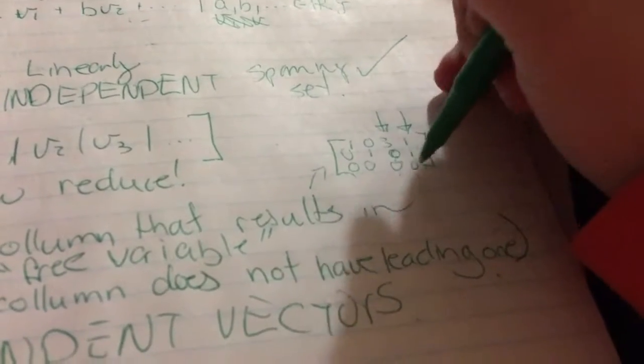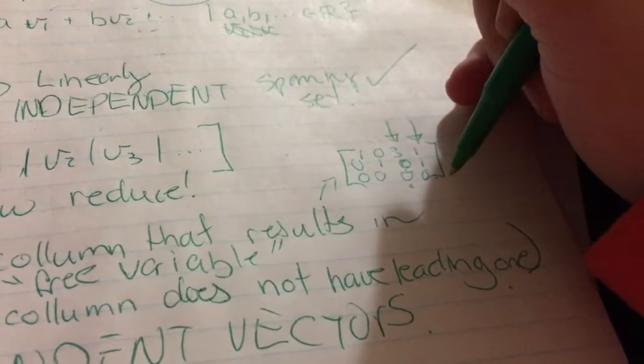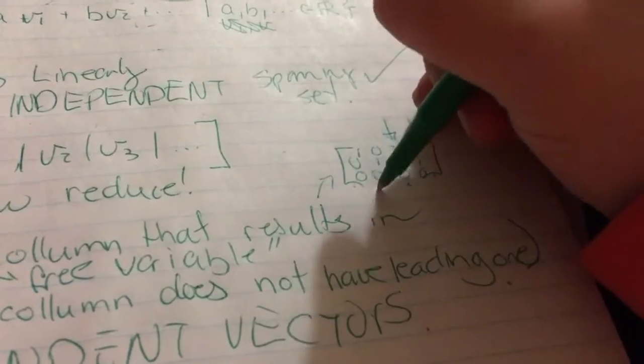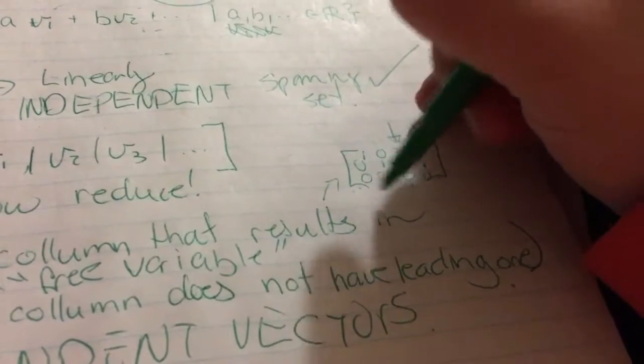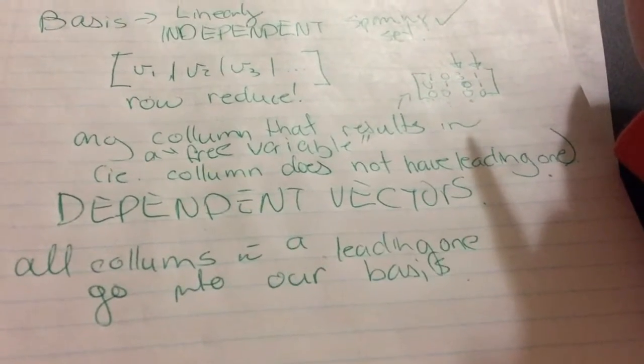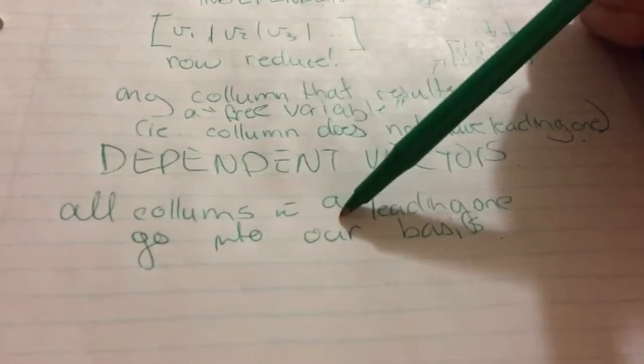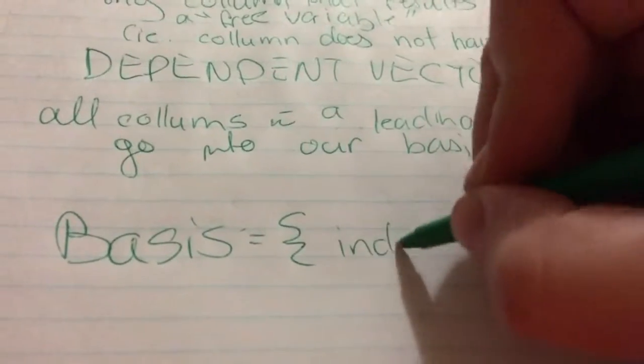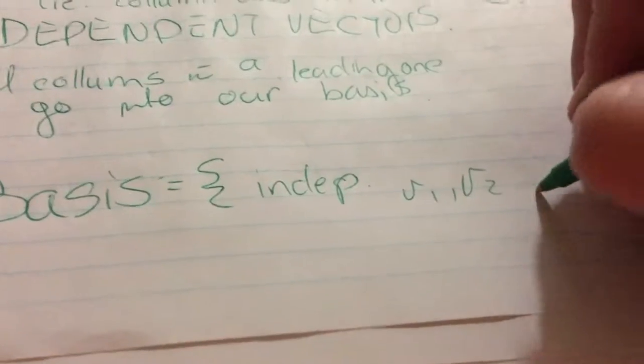So both of these two would be dependent, whereas these two vectors would be independent together. So they would form my basis. So then any that is independent, we're going to shove in our basis. So our basis is the set of all our independent V1, V2 from above.